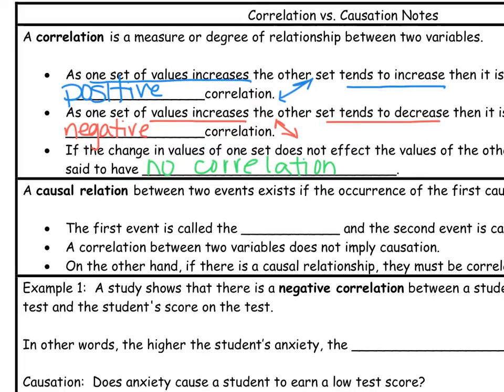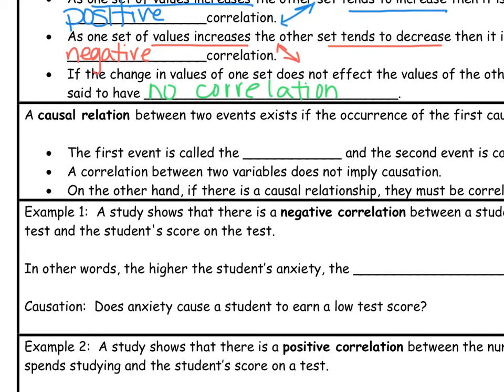A causal relationship is a little bit different, and that's what we're going to look at tomorrow in class. A causal relationship between two events exists if the first event causes the other. So the first event, just like in language arts or any other class, is called the cause.